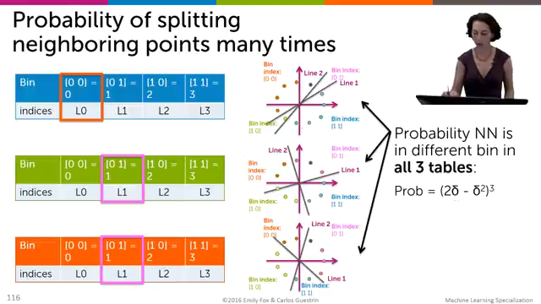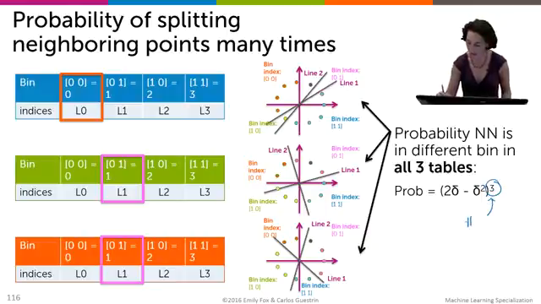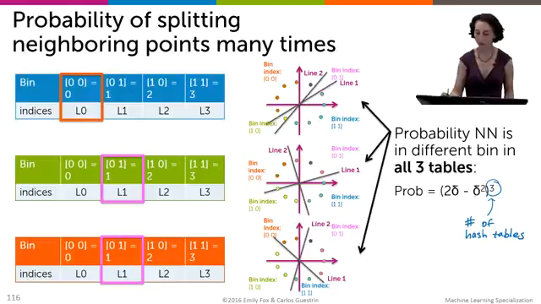And so we can write the probability as just raised to the power of the number of hash tables that we have. So we have this 2 delta minus delta squared probability of splitting in any one of these cases, and we have 3 cases that we're going to look at. So the probability of splitting in each of them is that probability we looked at before raised to the 3rd power.